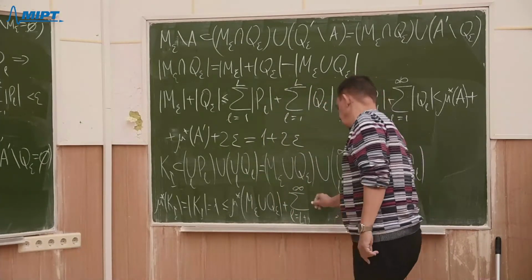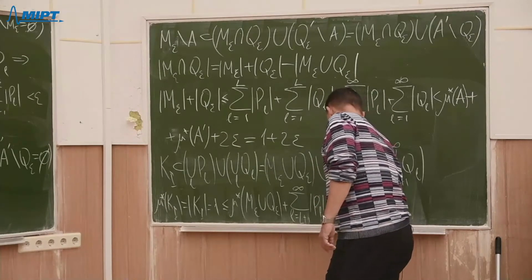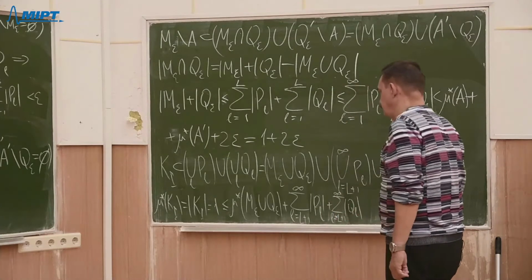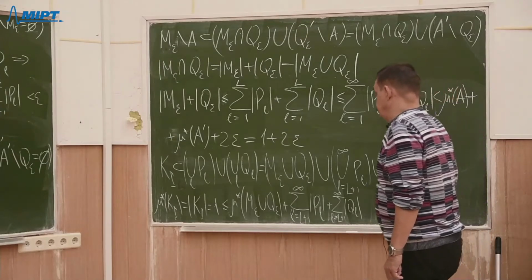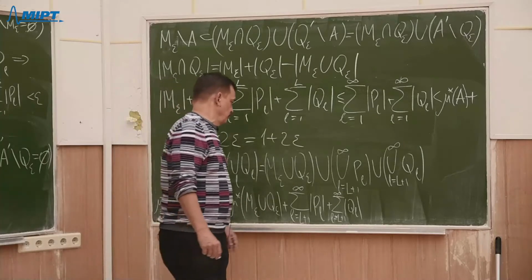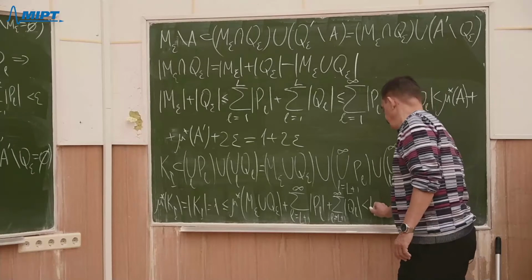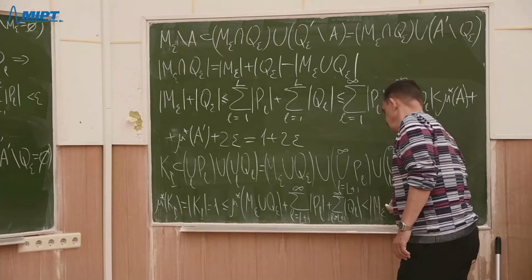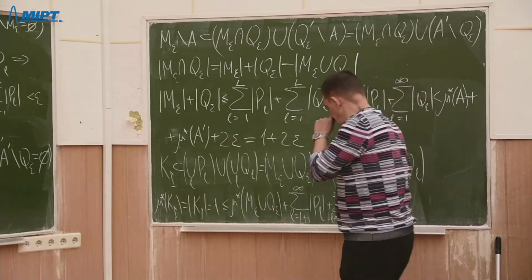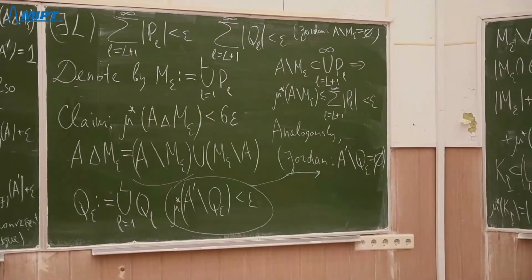Outer measures of those are volume. Yeah, here also the outer measure is equal to volume. So less than volume of M epsilon union Q epsilon plus, and those sums are less than epsilon, both. So plus 2 epsilon.